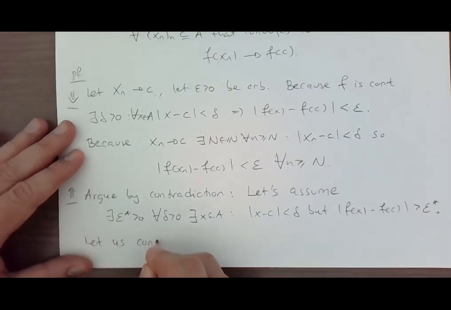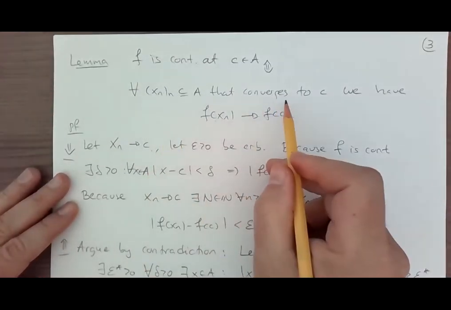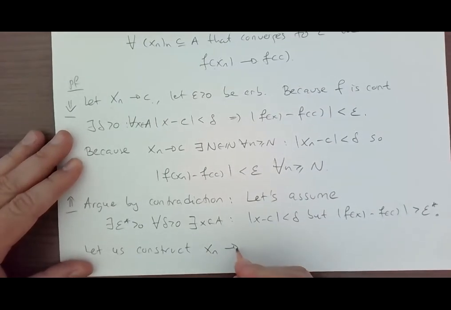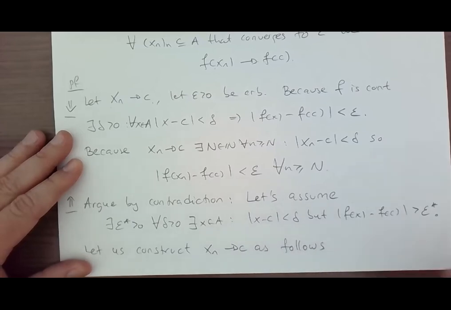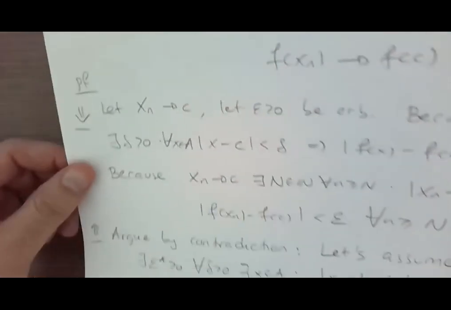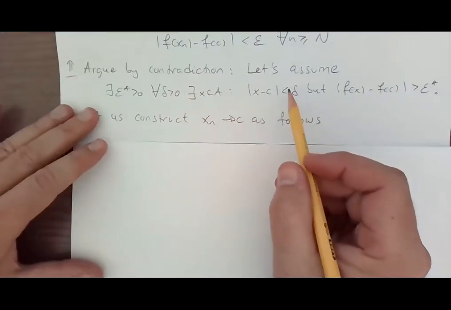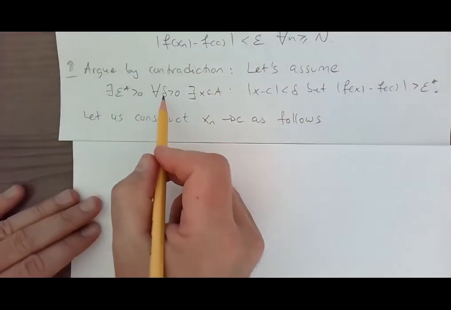Well, what do we have? We need to construct these x's. So let's construct xn that converges to C as follows. Using here, this is going to work for all delta.